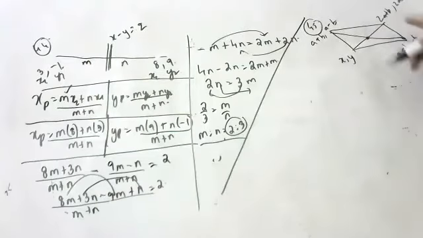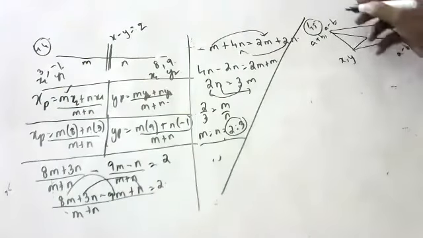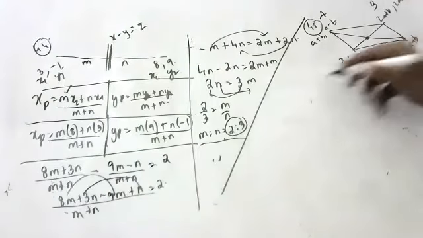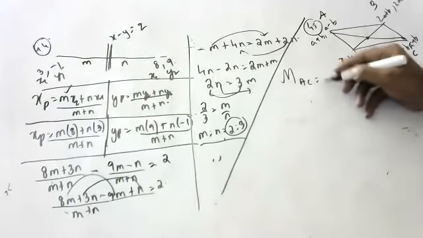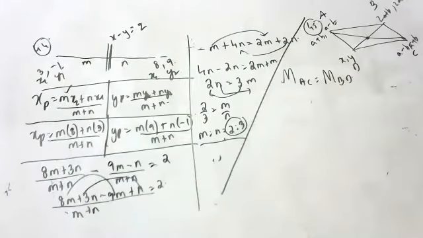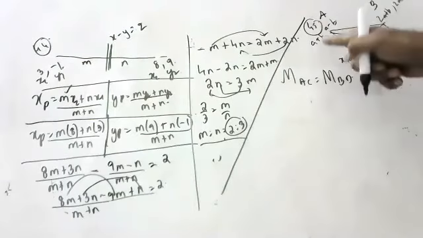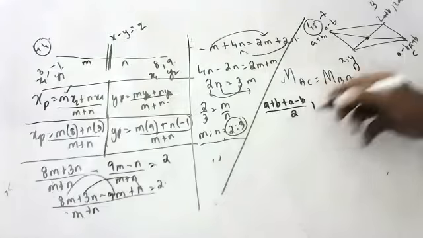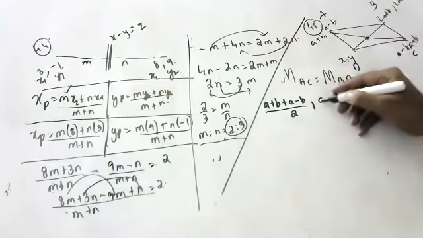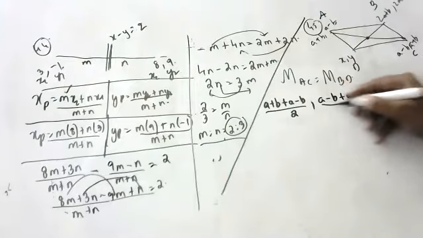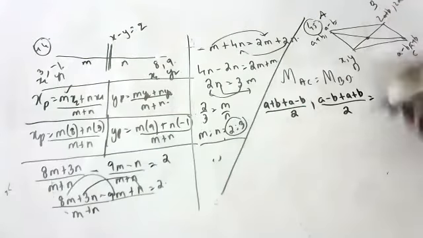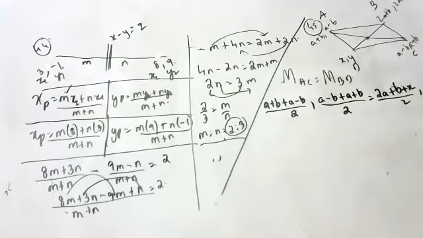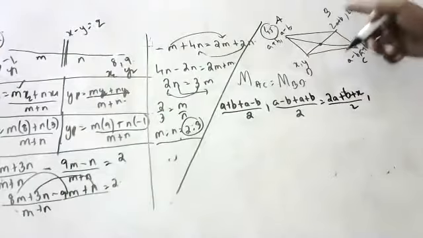Okay, Samhita, can you tell? A, B, C, D. So midpoint of AC will be equal to midpoint of BD. a plus b plus a minus b by 2 comma a minus b plus a plus b by 2 is equal to x plus 2a plus b by 2 comma y plus 2a minus b by 2.